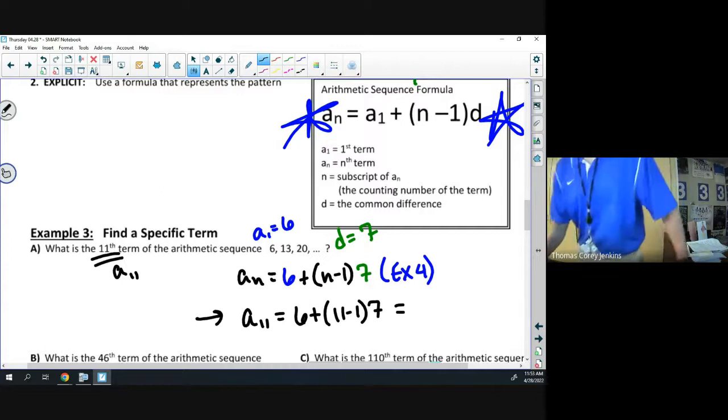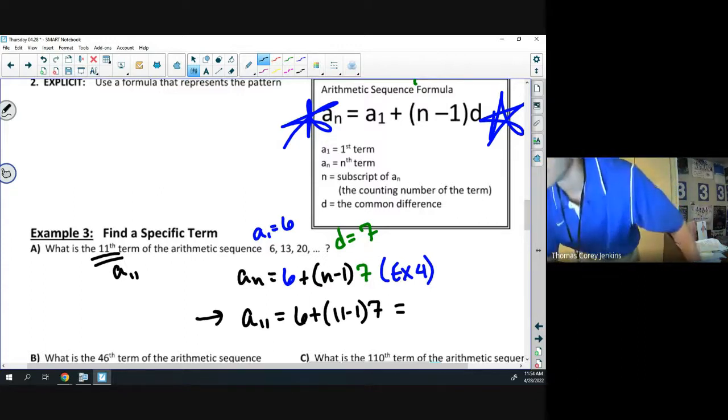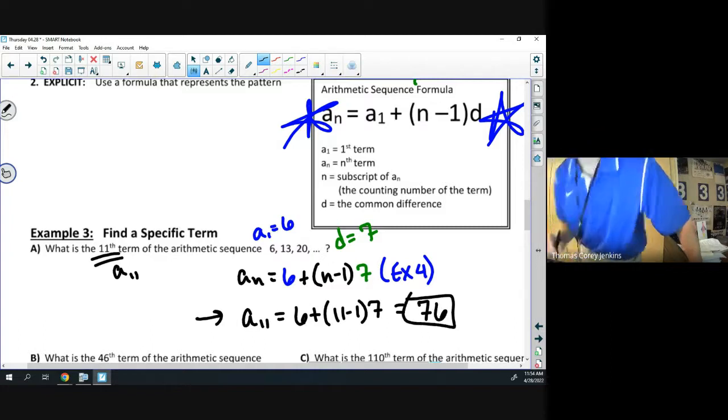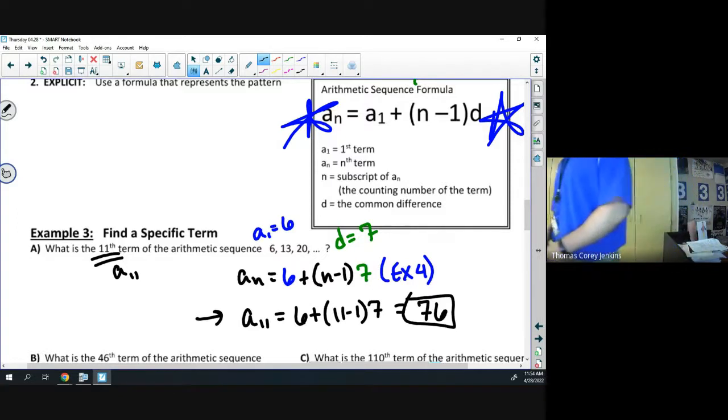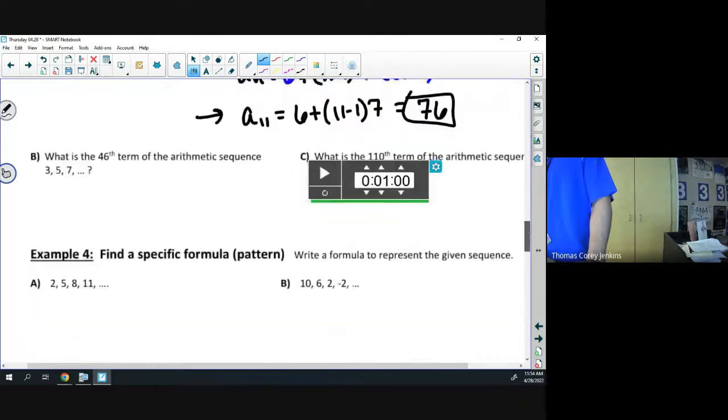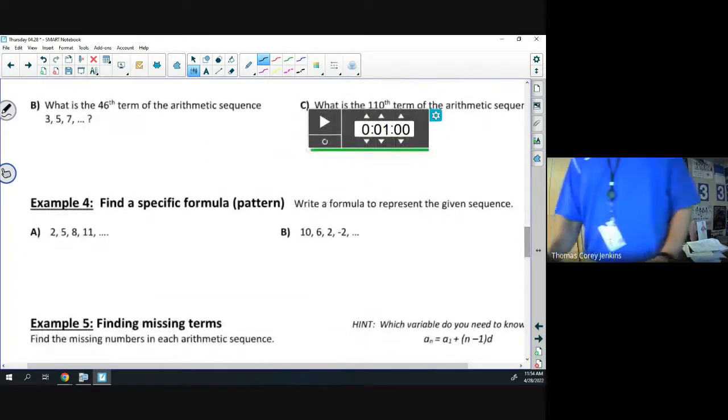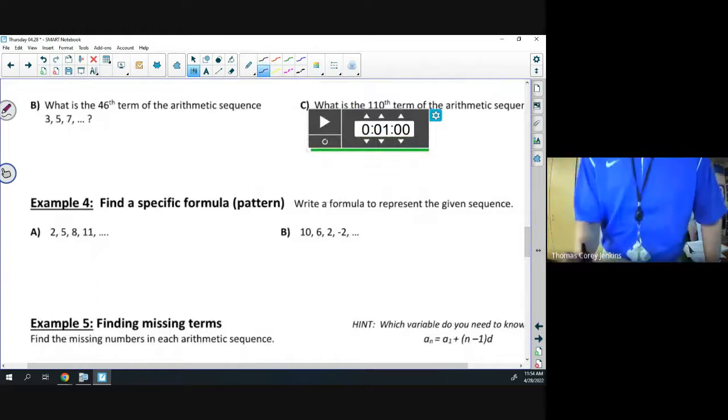So 76 here. And you can obviously use your calculator there if you need to. You don't have to do that mentally, but sometimes it's nice and easy, right? So now instead of having to write out 8 more terms to get to 76, we just use that formula, okay? Does that make sense? Everybody with me on that? All right, we'll do one more together, then you guys try one, okay?